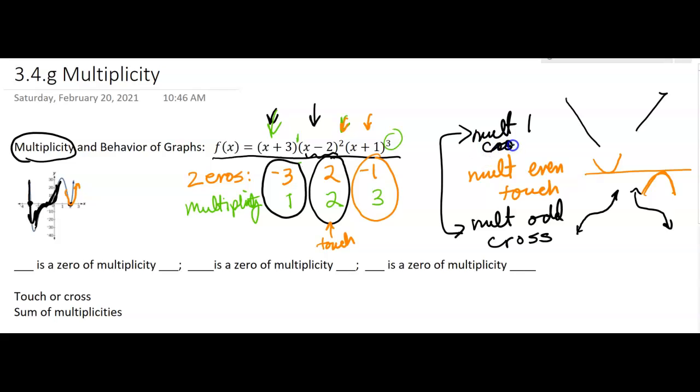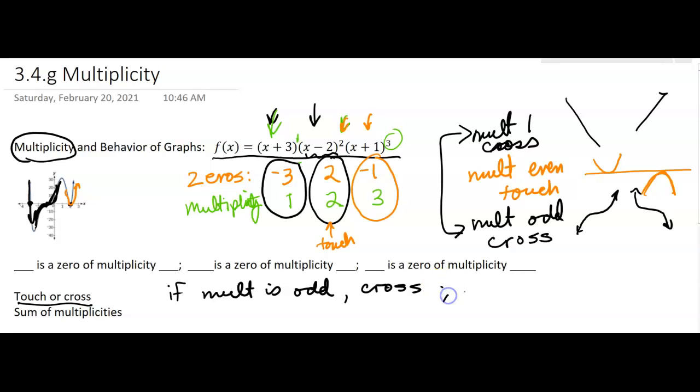So sometimes they'll say touch or cross. They'll say if the multiplicity is odd, it's going to cross. It'll cross at that zero, okay? And then there's a distinction: if it's a multiplicity of 1, it's going to go straight on through. If it's an odd number higher than that, it's going to snake its way through.